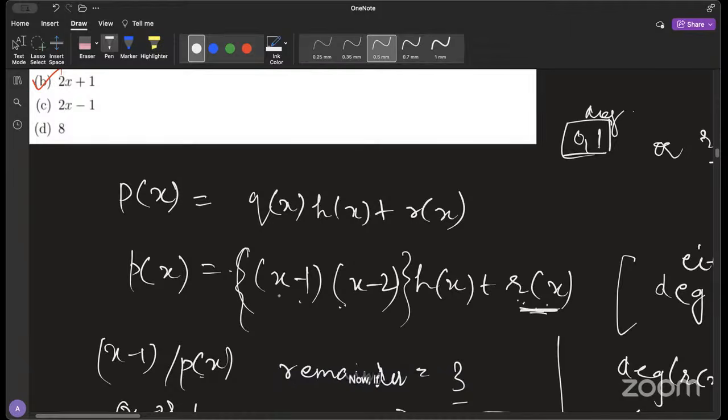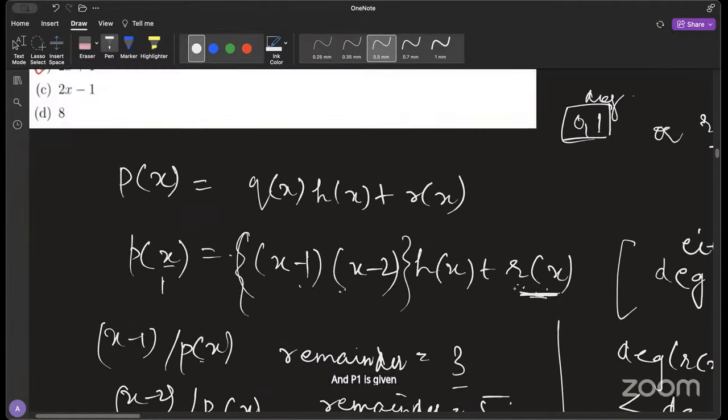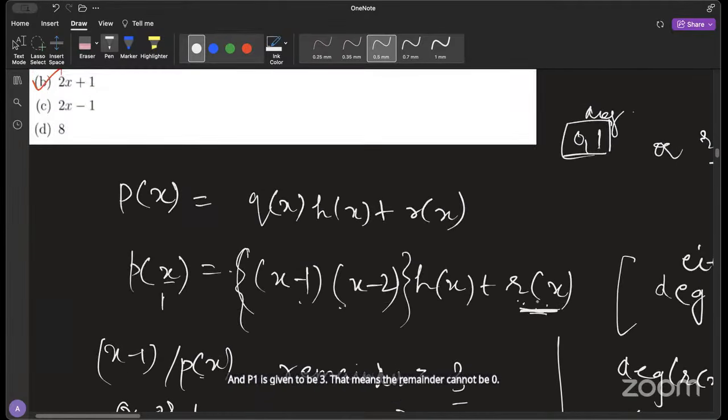If you substitute 1 here, you'll have this entire thing 0, right? And if your remainder is also 0, that means Px was also 0, so P1 is 0. Instead of x, you will get P1 equals 0 if your remainder is 0. And P1 is given to be 3. That means your remainder cannot be 0.